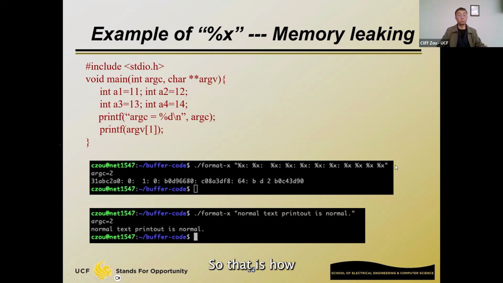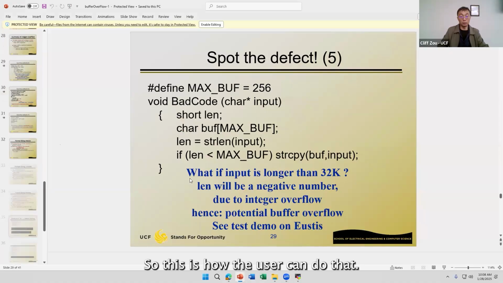So that is how you can check the user supplied input. And here, this printf doesn't have a format string. So the user is able to supply the format string in this argv1. This is how the user can do that.